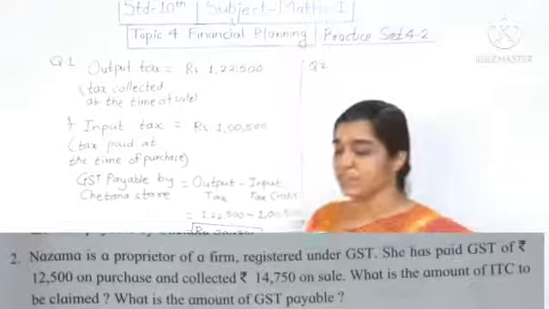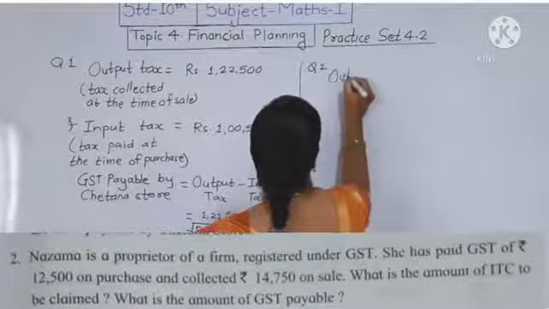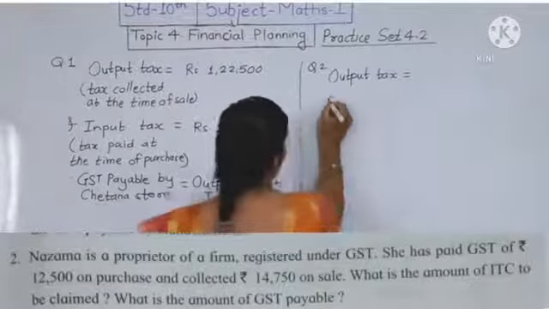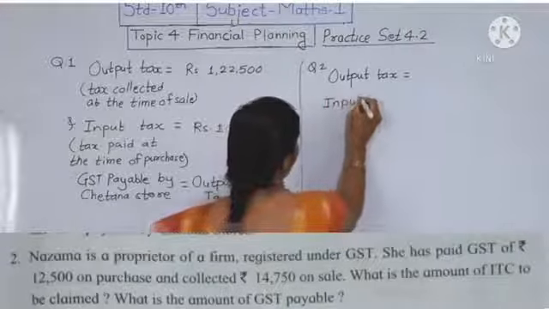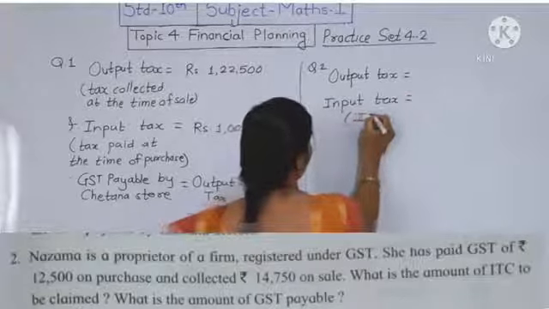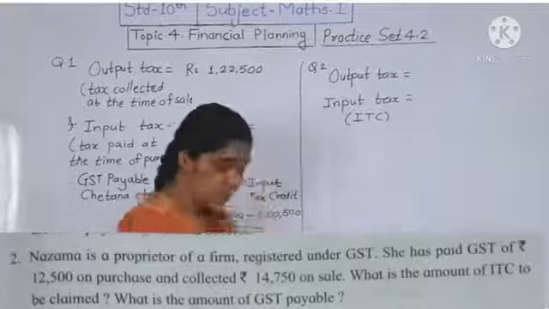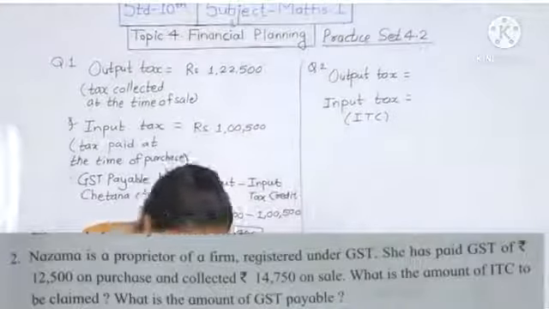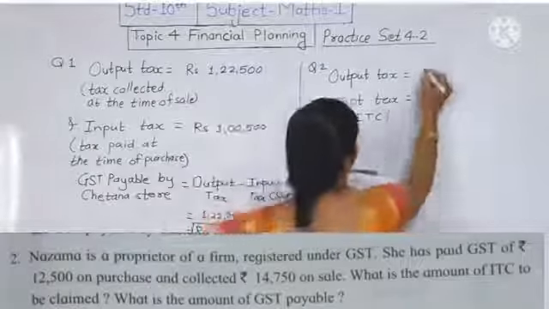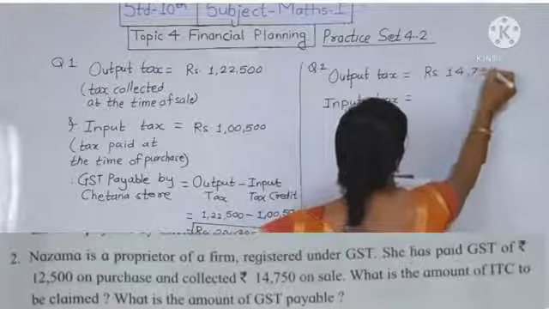So what are the things given? Here also output tax is given, and input tax is given. Input tax is called input tax credit. Output tax is given as 14,750 rupees.